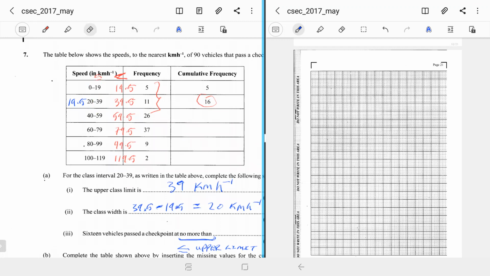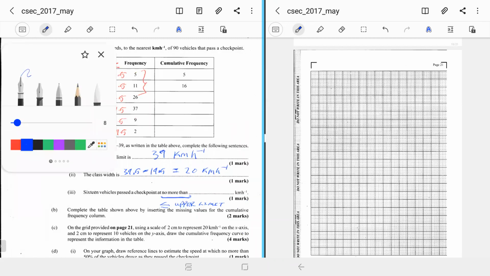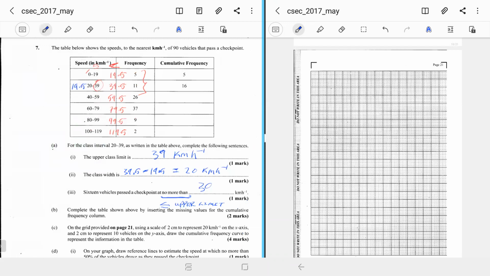Mark it for you. All of these speeds down here, all of them less than or equal to 39. And it's how many cars? The 5 in the first group plus the 11 in the second group make it 16. So 16 cars had speeds that were no more than 39. So it's 39 they're going to place, right? 39 kilometers per hour.